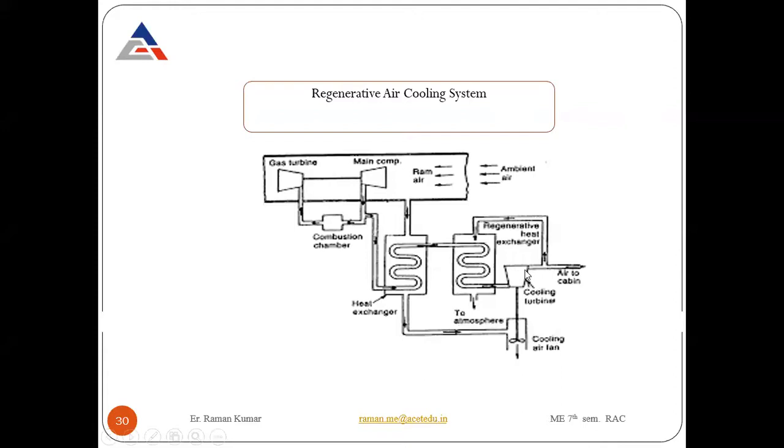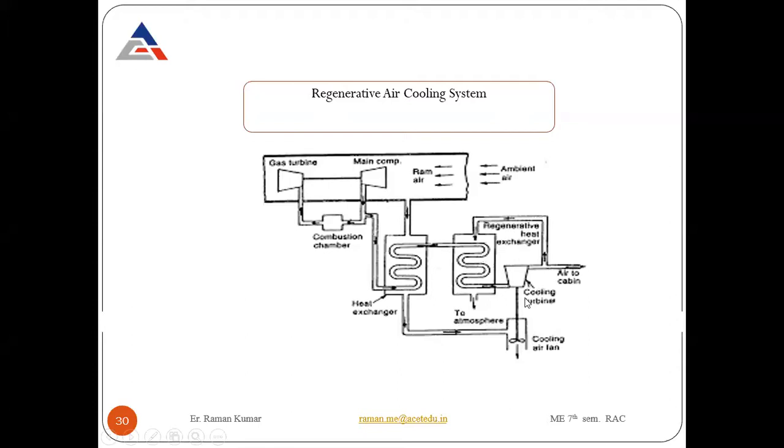After the cooling turbine, its pressure and temperature are much lower than the temperature in this regenerative heat exchanger. So this air is utilized to remove the heat in the regenerative type heat exchanger.